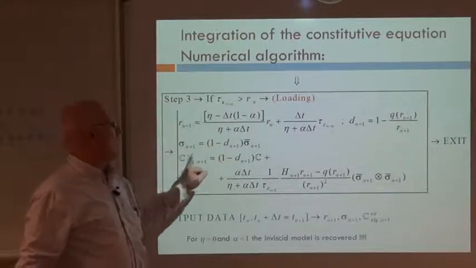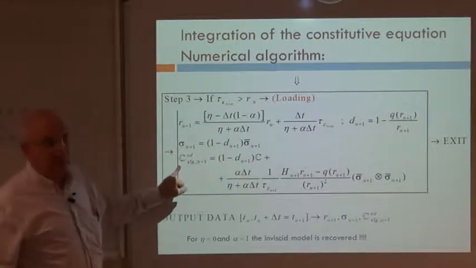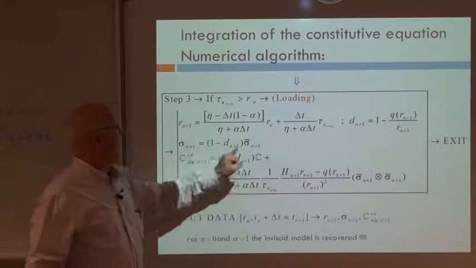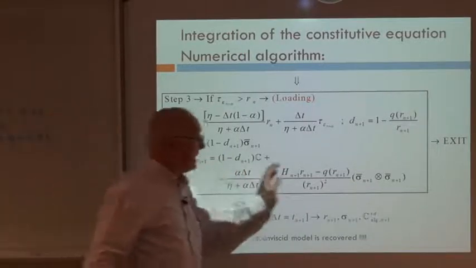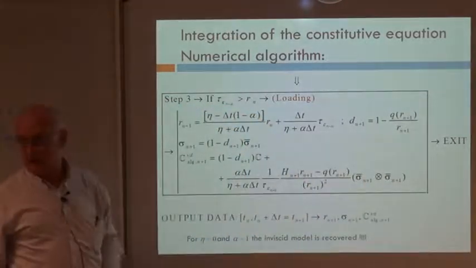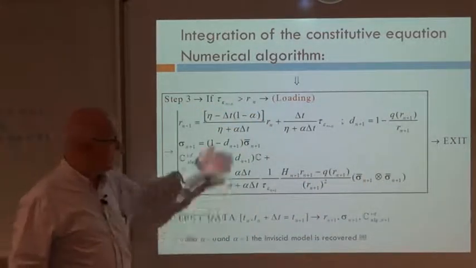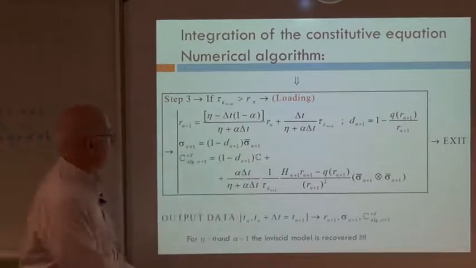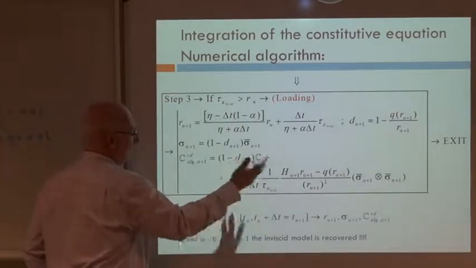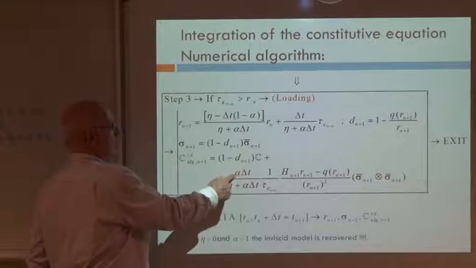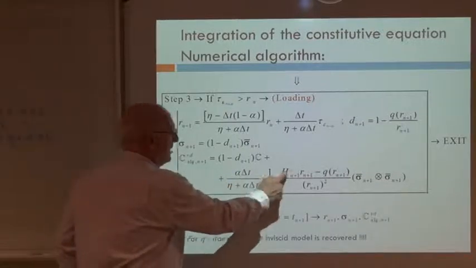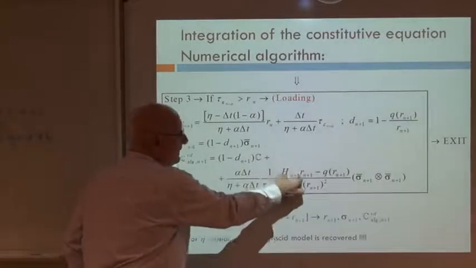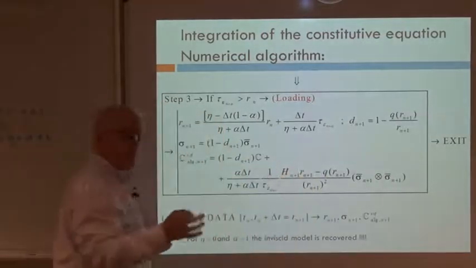Now I have the stresses. And then, what is the tangent constitutive operator? The algorithmic tangent constitutive operator is the one in the formula, which is the second one plus the second part here. You can recognize a lot of the properties we mentioned before: the alpha integration method, delta t, viscosity, hardening modulus, everything evaluated at the corresponding time step.